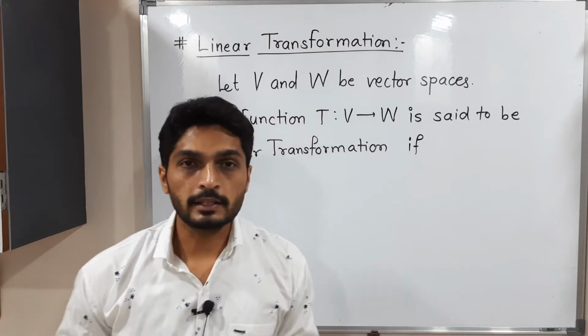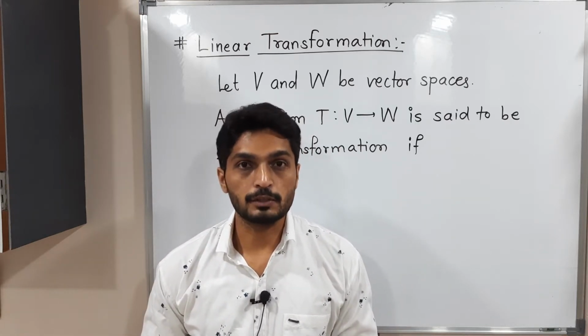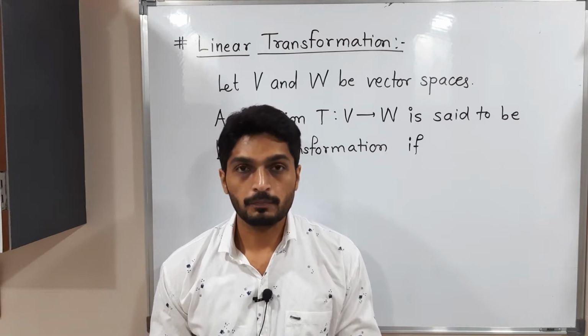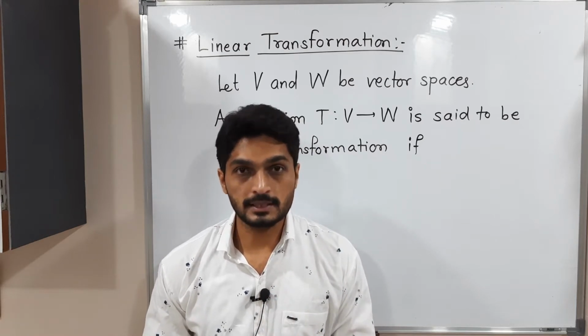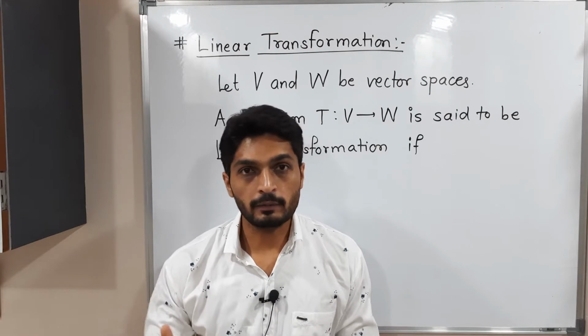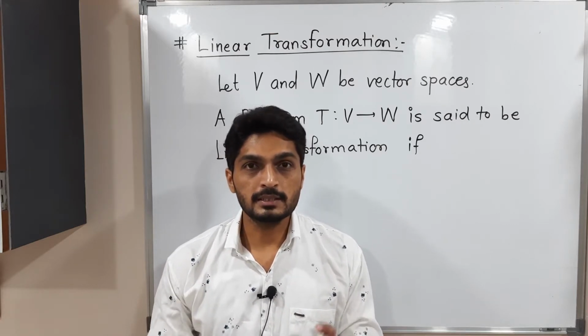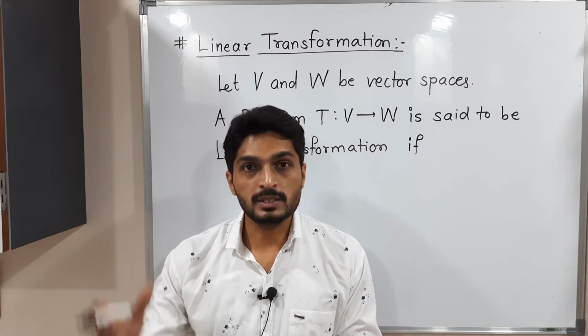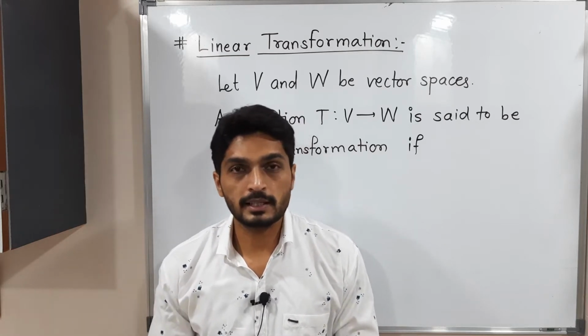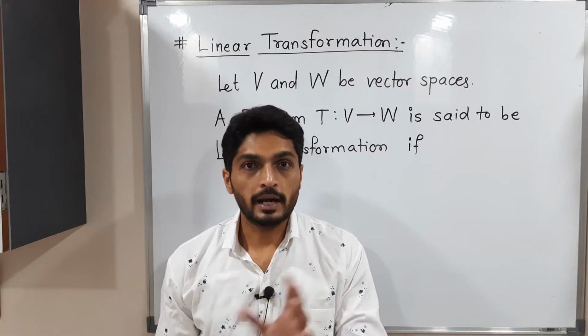So what is linear transformation? Basically it's a function. Linear transformation is a function. We need to have two vector spaces. Maybe you are studying that vector spaces concept in paper 2. A vector space is a non-empty set which satisfies certain properties, scalar multiplication and addition.